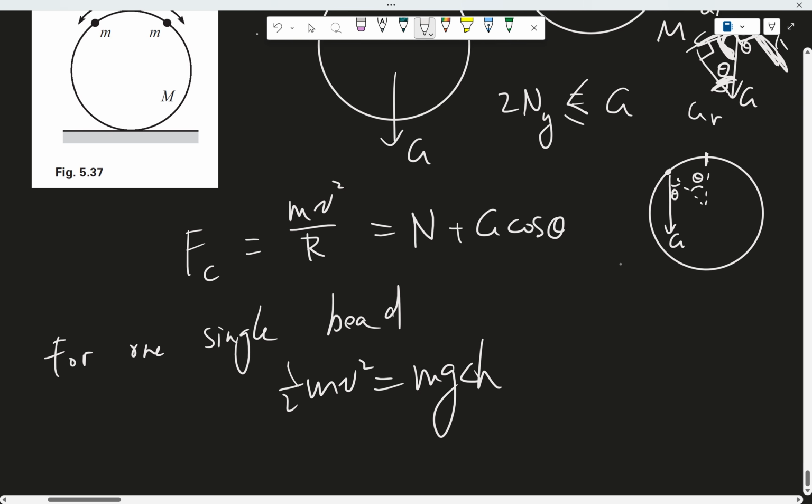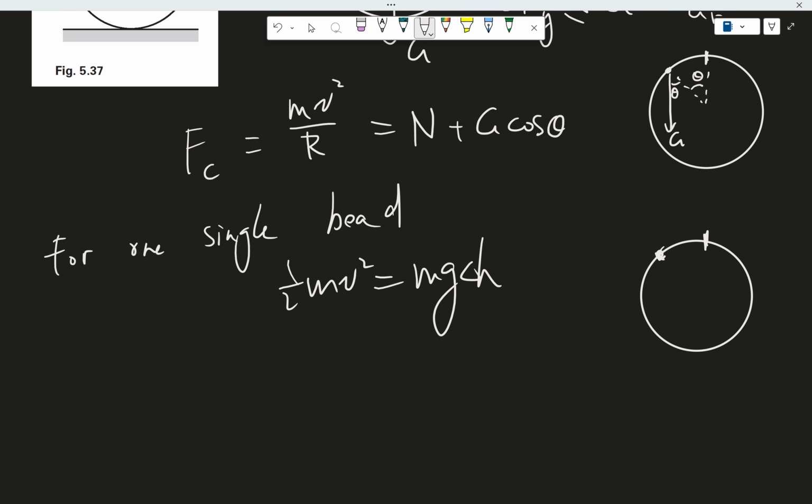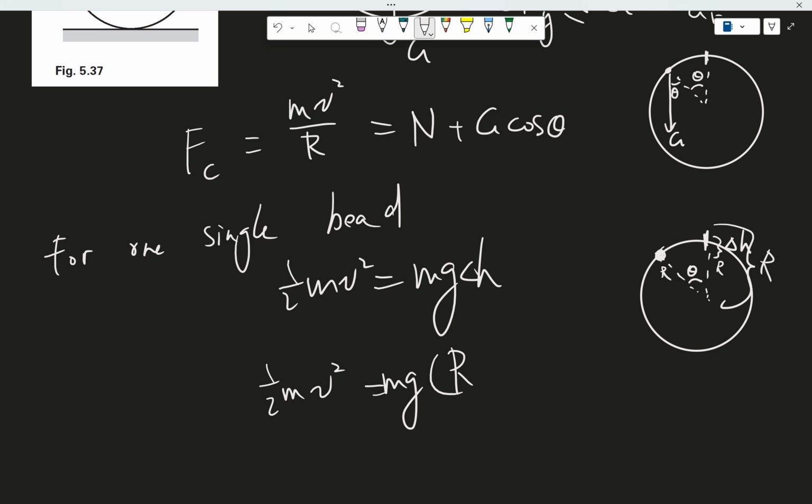Well, let me just draw a diagram here so it's easier to visualize. You have a loop here. Let's say the bead is already here, and now it's here. Remember that this is r, this is also r, this is theta. And the change in height is just this delta h here. So half mv squared equals mg delta h.